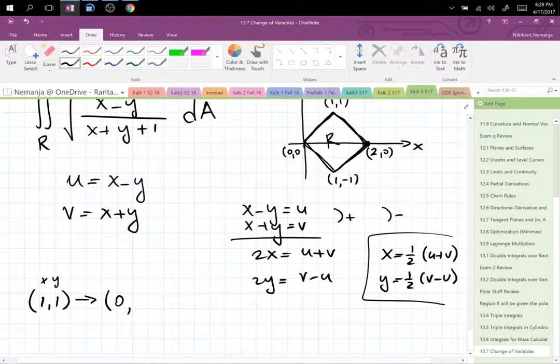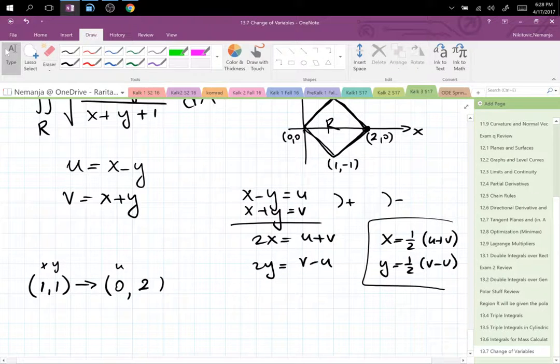Plug in for v, because we're getting uv now, and you get 2. So 1, 1 goes to 0, 2. The next point, 0, 0, converts to 0, 0.